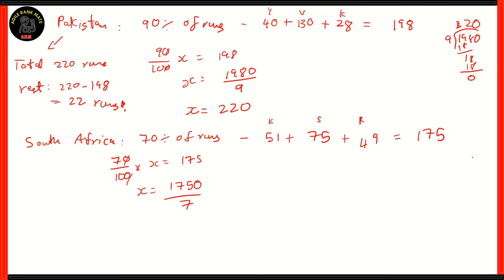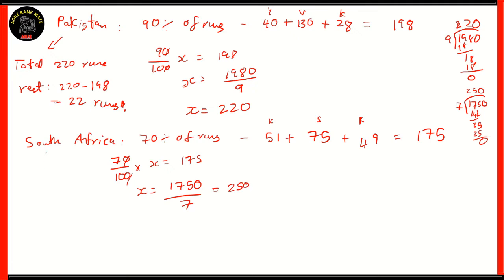And when we do that, 1750 over 7, so 7 2s are 14, gives a balance of 3, 5 gets pulled down to give 35, 5 times 7 is 35, remainder is 0, there's still a 0 in the dividend, so you put another 0 in the quotient. So the correct quotient x is equal to 250.